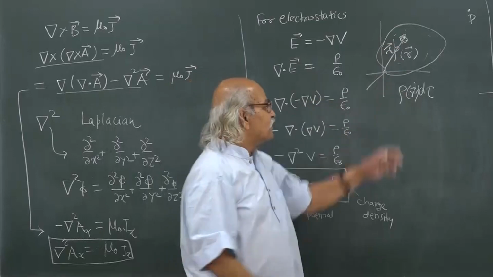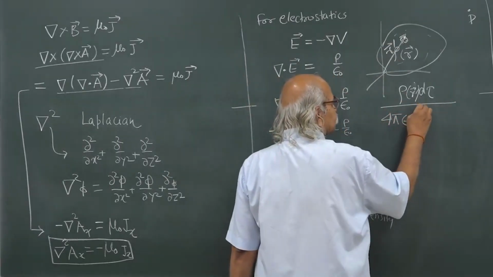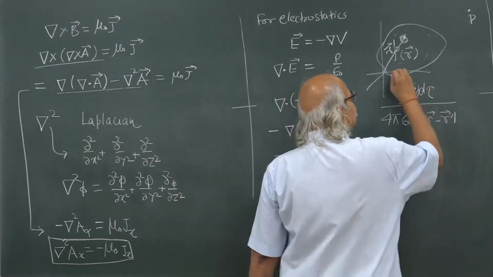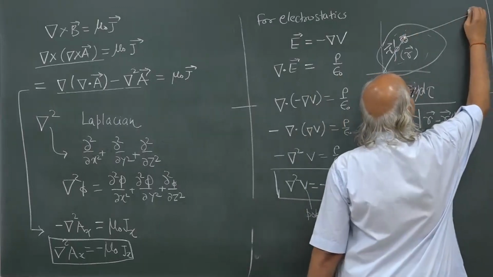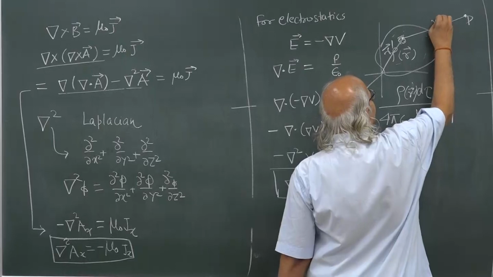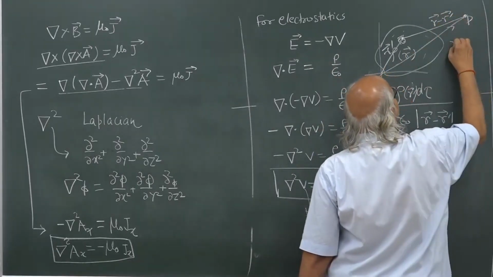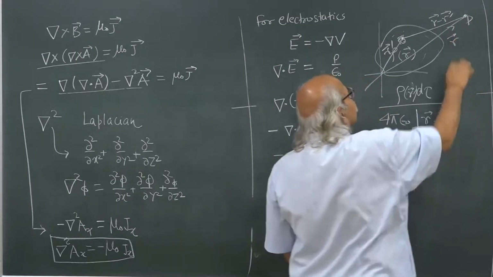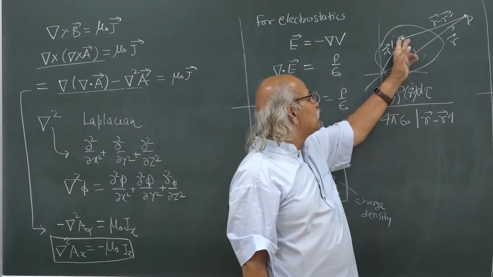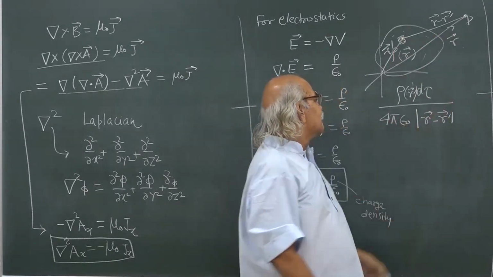So, this is your charge, and then divided by 4 pi epsilon naught, and then r minus r prime. This distance, divided by this distance, this is your r minus r prime, this is r. So, that is how you write the potential. Potential due to this charge is the charge divided by 4 pi epsilon naught, distance from the charge to the field point, that you write here, and then integrate.